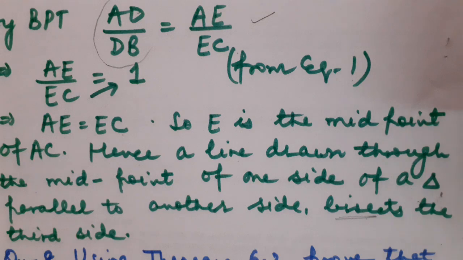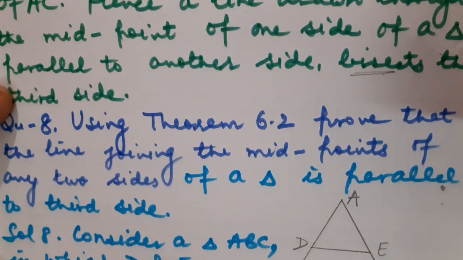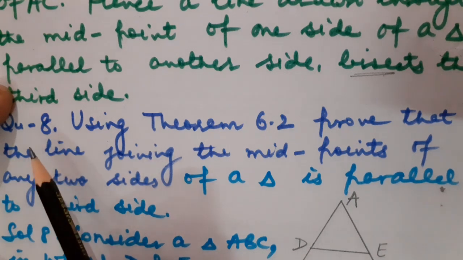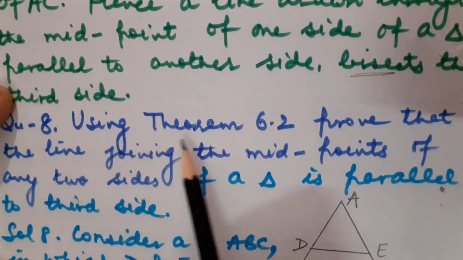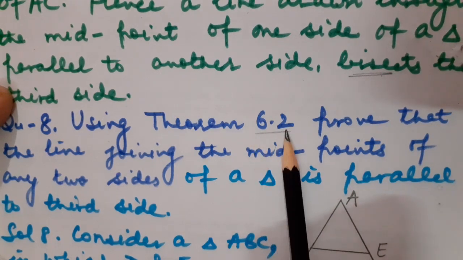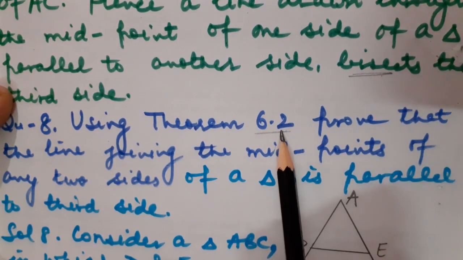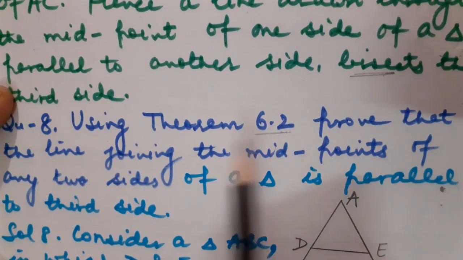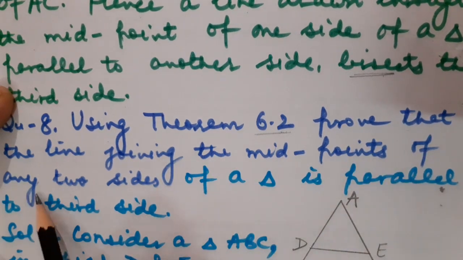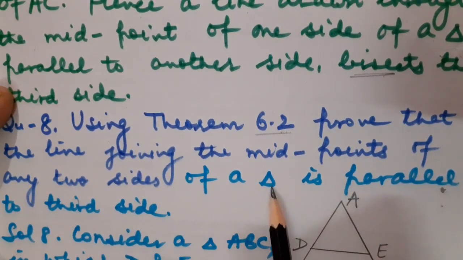Fine, students? Now children, let us switch to the next question, that is question number 8 of exercise 6.2. Using theorem 6.2. Which theorem is 6.2, children? Correct. That is the converse of the basic proportionality theorem. Prove that the line joining the midpoints of any two sides of a triangle.